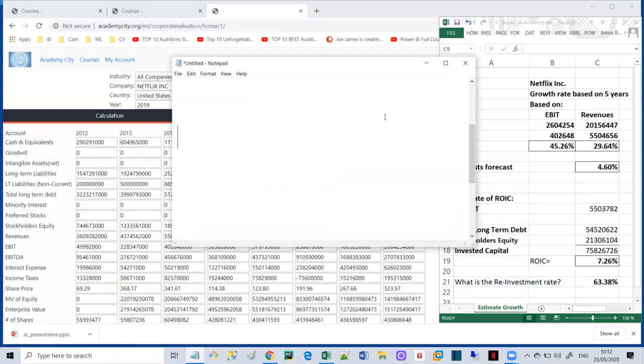One plus growth rate G to the power of 5 will give me the ratio of the revenue of 2019 divided by 2014.